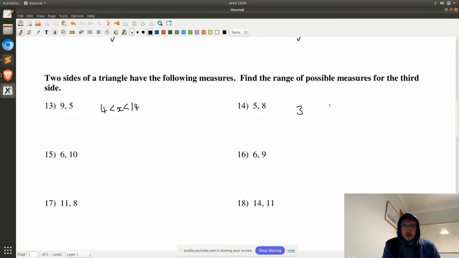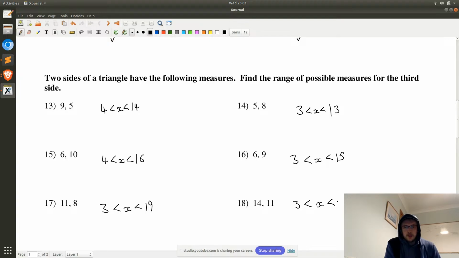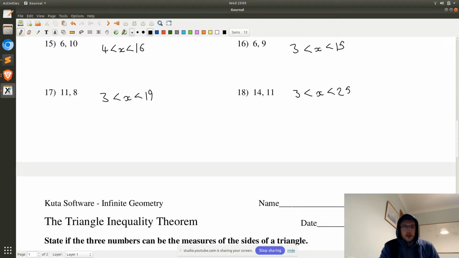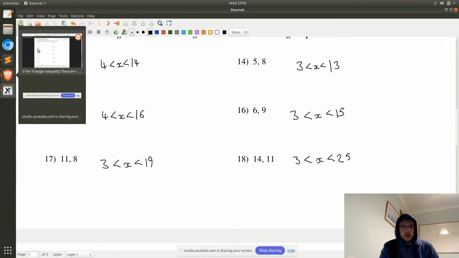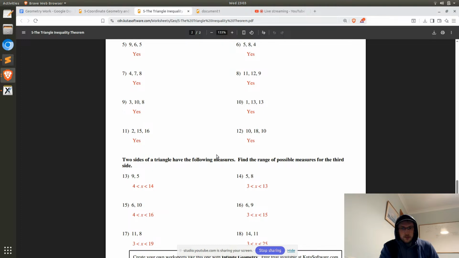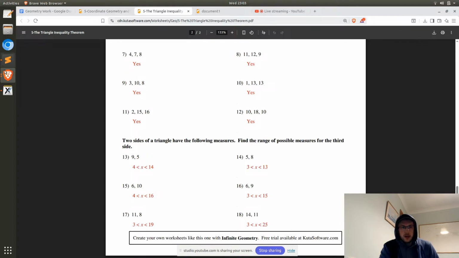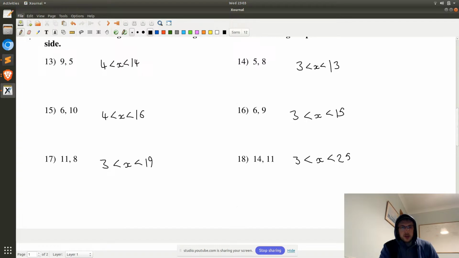Likewise, this one can range from 3 to 13 by the triangle inequality, and this one from 4 to 16, and this from 3 to 15, and this from 3 to 19, and this from 3 to 25. And we check. And that's all correct, and that's all good.